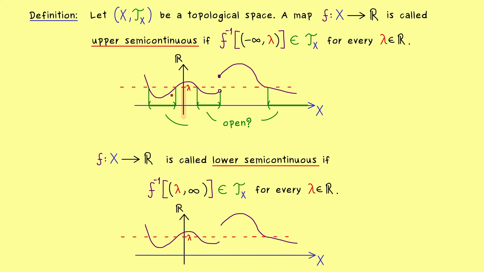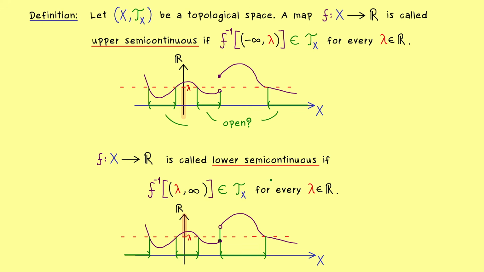And actually we can completely copy the picture, the only difference is now that we consider the interval from lambda to plus infinity. And most importantly, to get a lower semicontinuous map, we have to fill in the lower point in the jump point. Because then it's totally clear that we get open intervals again if X is given by the real number line again. Therefore, this is a typical picture of a lower semicontinuous function.